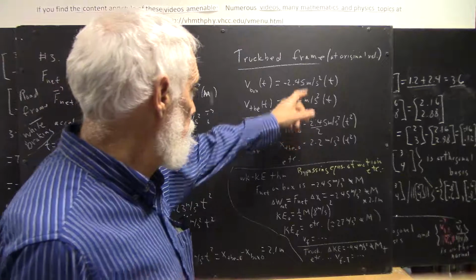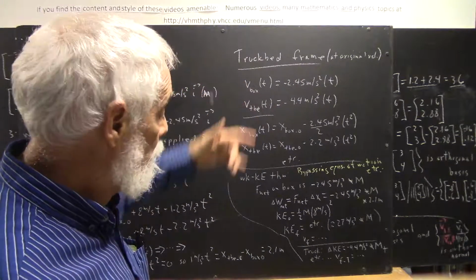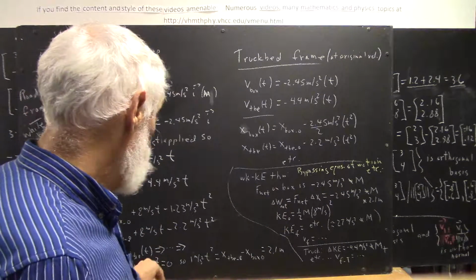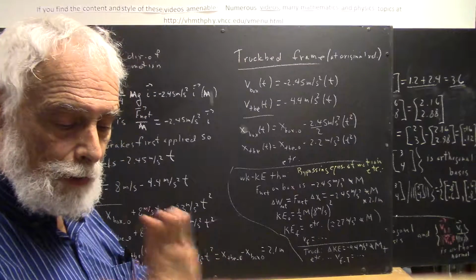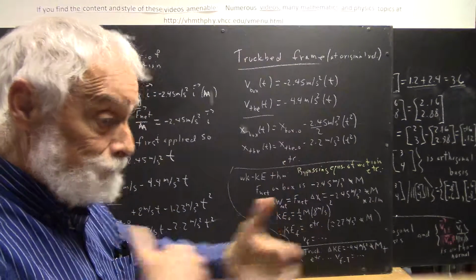We'll be able to plug that time in here and get the difference in the two velocities, so then we'll know what the velocity of the box is relative to the end of the truck bed, and that's how it'll tell us how fast the box is going relative to that end.